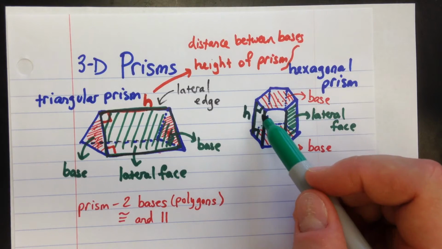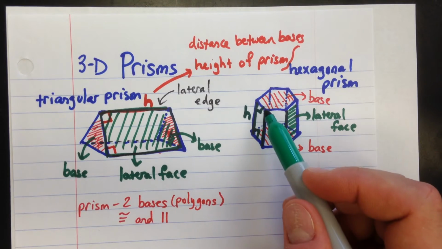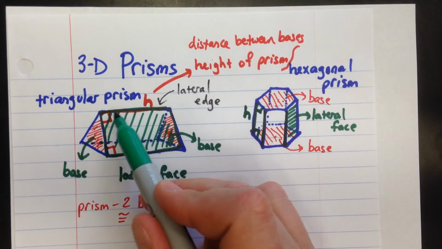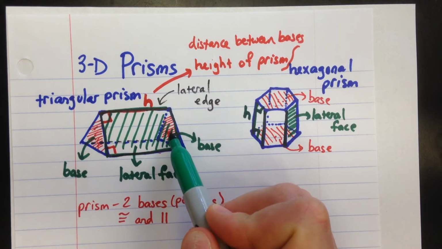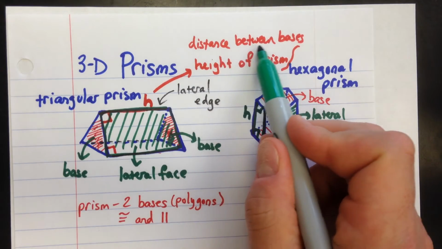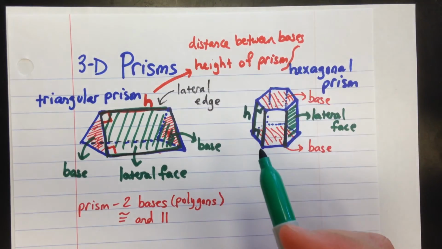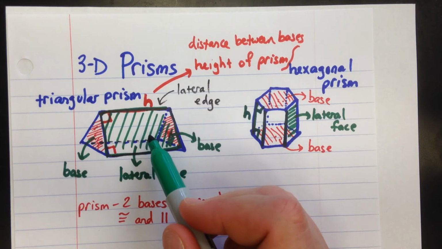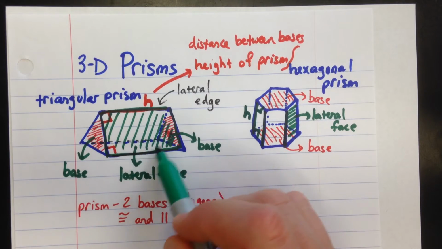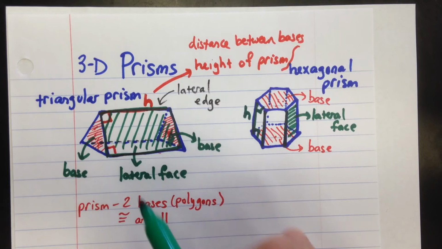We're assuming that that would be perpendicular. Height can be up and down, but it can also be left to right because you're connecting the bases. The height is the distance between the bases. The lateral faces are going to be the rectangles. Those are the faces that are connecting the bases. Okay, so this is the vocabulary we're going to be talking about.